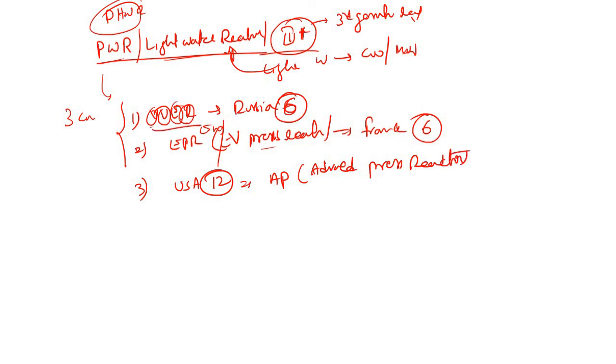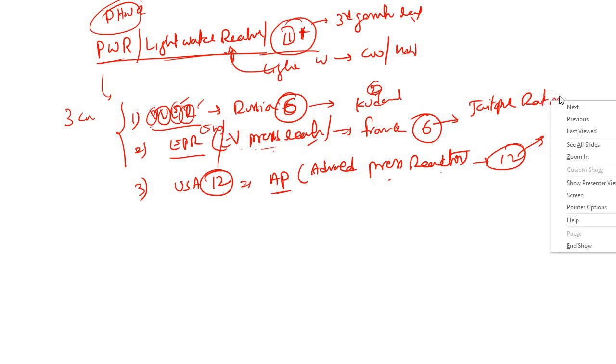Okay, one is VVER, Voda energy reactor. EPR means evolutionary pressurized reactors, and the third one is advanced pressurized reactors. These are 12 in number. See, these are already being constructed at Kudankulam. Already 2 are constructed at Kudankulam. The French ones are being constructed at Jaitapur, Ratnagiri district of Maharashtra.